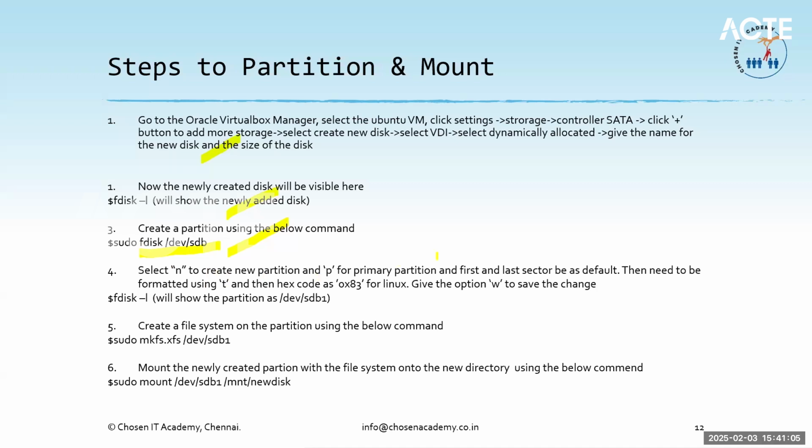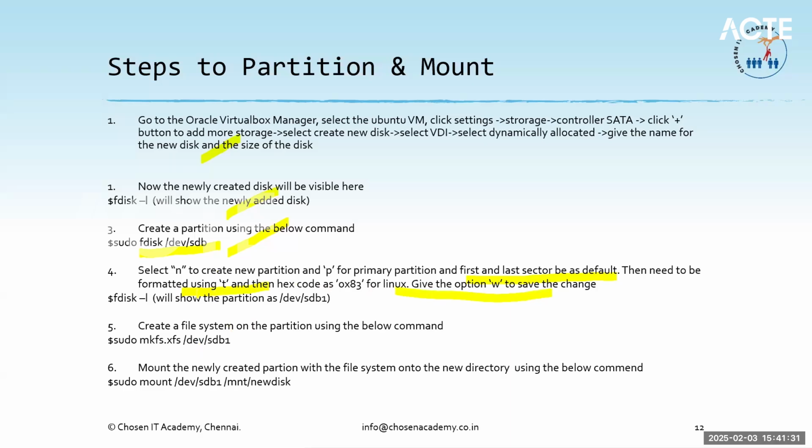P for primary partition, and we can give the first sector and last sector if you are aware, otherwise we can keep the default. We press T to set the partition type. Since we are going to use it for the Linux operating system, we give the Linux type. Once we finish, we save the partition by giving W. This will get updated into the partition table.